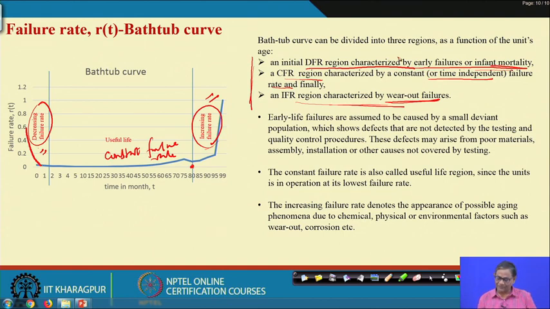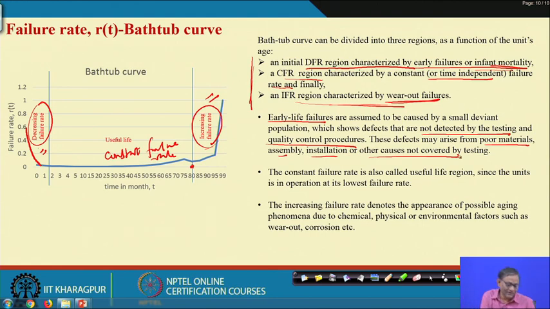Now, what are the reasons for early life failures? As I told you, they are basically not detected during testing or quality control procedures, and the defect may arise from poor material, assembly, installation and other causes not covered during testing.